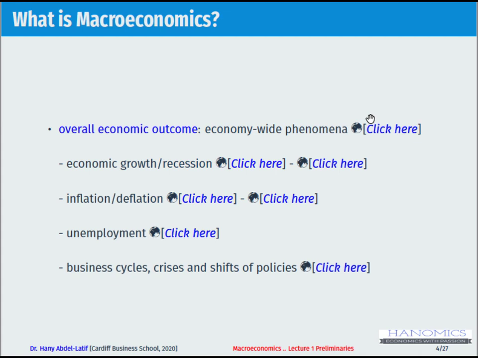Okay, so I'm just giving you examples of the sort of overall economic outcomes that we will be looking at. Remember when I started talking about what macroeconomics is? The first thing we said: macro is large. Macro is big. And we said it's all about studying the behavior of economic agents.